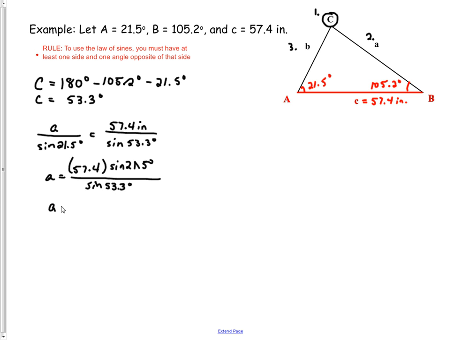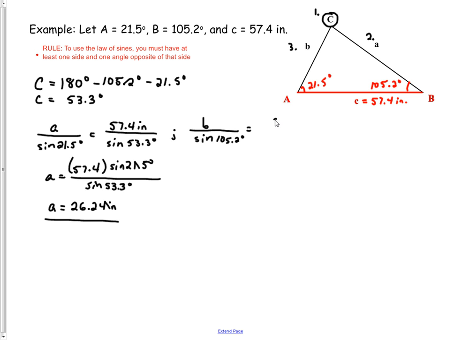And when we work that out, I used my calculator and I found 26.24 inches would be the length of side A. Doing the same thing for side B, we would find that B divided by the sine of its opposite angle, 105.2 degrees, would be equal to the length of side C.